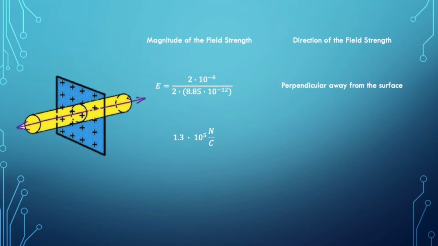Hence, the total area through which flux passes is equal to 2A, which is the area of the top and bottom of the box. The total charge enclosed is equal to the charge density times the area of the plane inside the Gaussian surface.